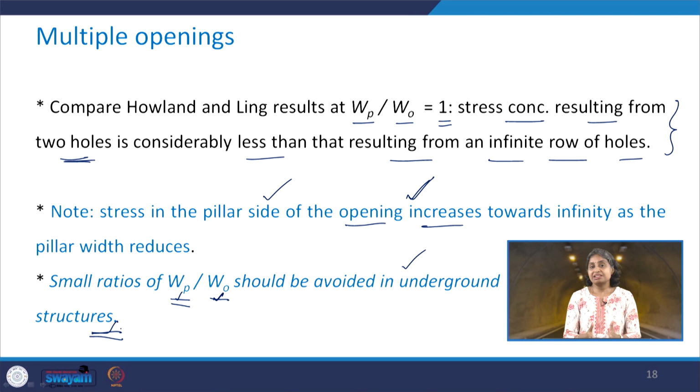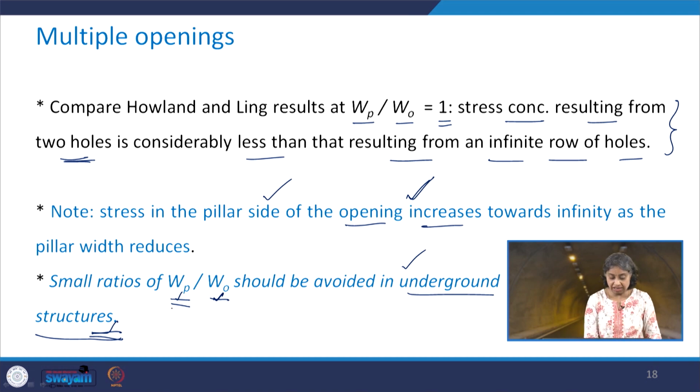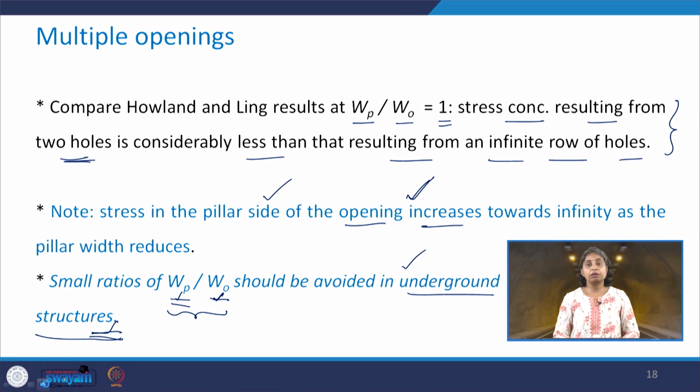So this has the reference with respect to the stress concentration at various locations. When you go for underground structures where you have multiple openings, you should always keep in mind that you should avoid small ratio of Wp by W. So this is how you can deal with the multiple openings.